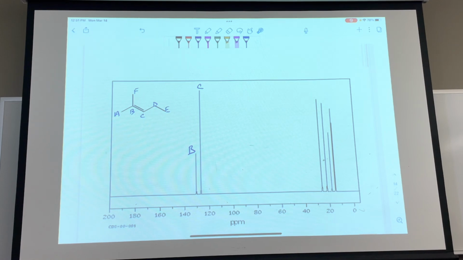The next most de-shielded has got to be one of the ones that's allylic, meaning A, F, or D. Yeah, it's got to be D. D is a CH2 versus the two different methyl groups.